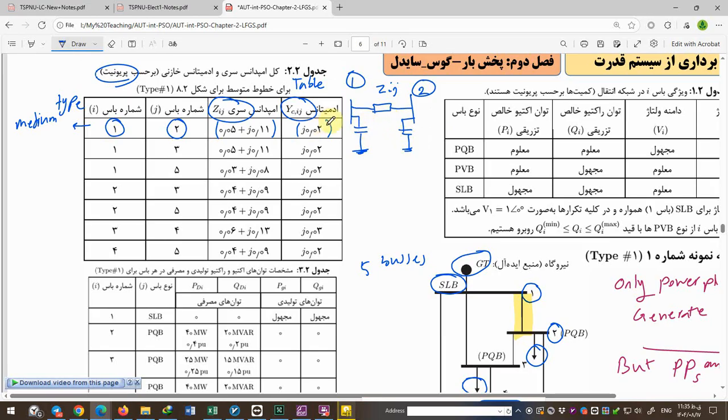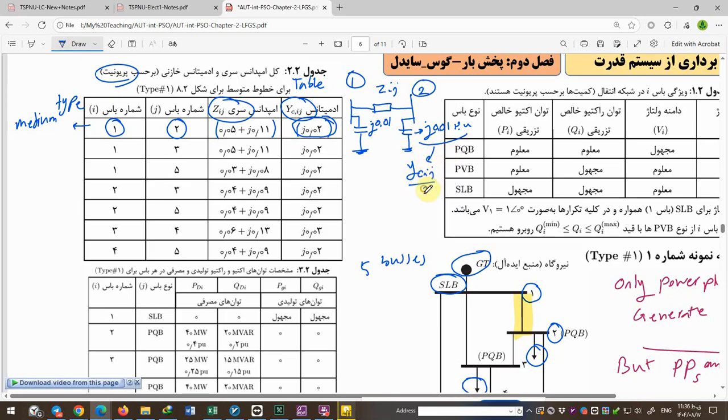The whole admittance is J 0.02, and the half part is J 0.01 per unit, half the amount of admittance at the end and at the beginning of the transmission line.